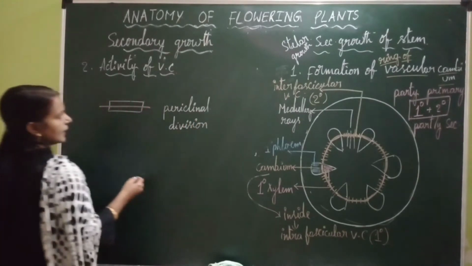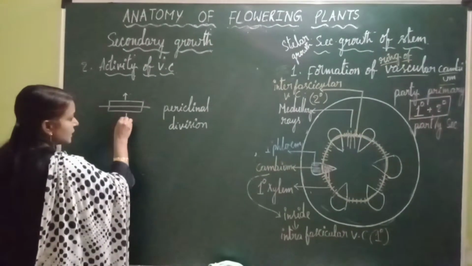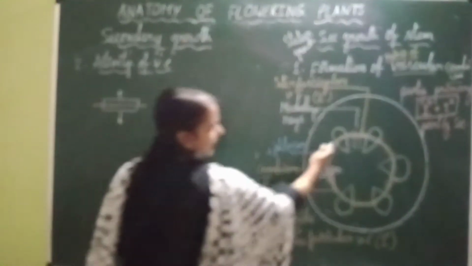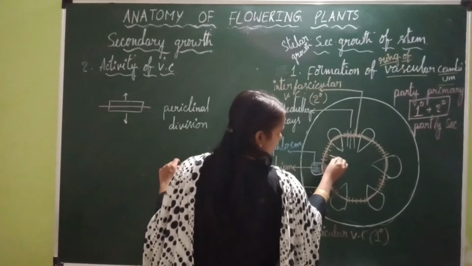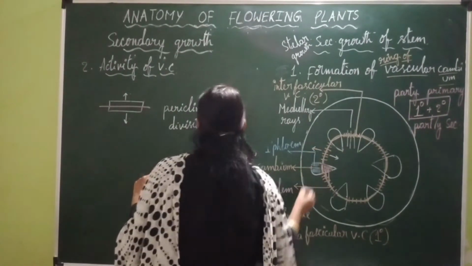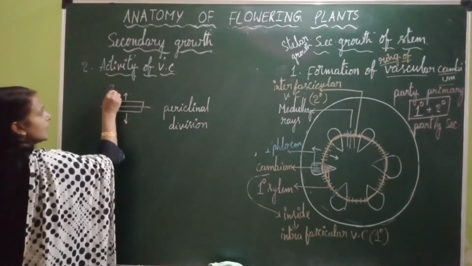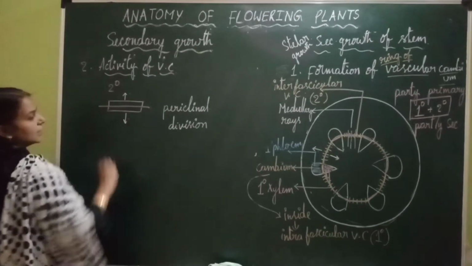After periclinal division, it cuts off cells towards the outer side and even towards the inner side. So this is the vascular cambial ring, right? It is depositing cells towards the inner side and even towards the outer side. The cells which are deposited get redifferentiated.